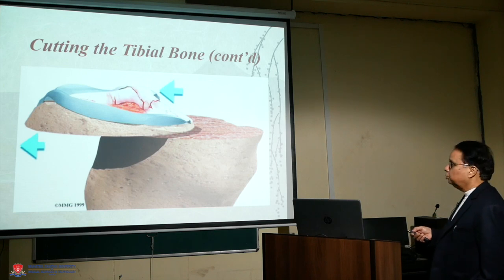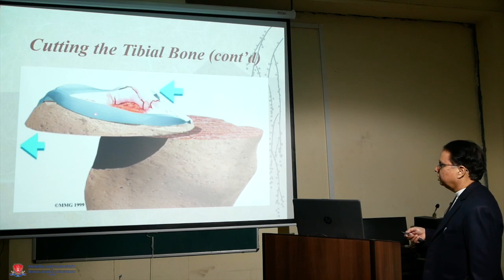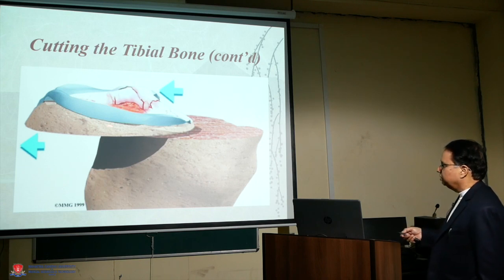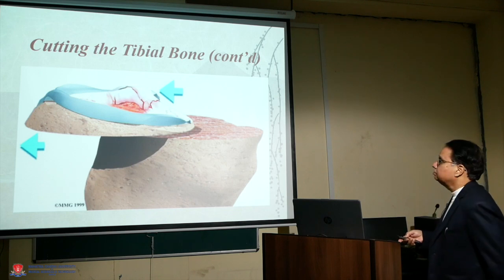So you can see 8 to 10 millimeters of thickness is removed from the top of the tibia. In this case, we also maintain the slope of the tibia so that no deformity remains.